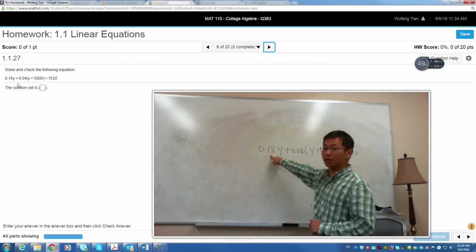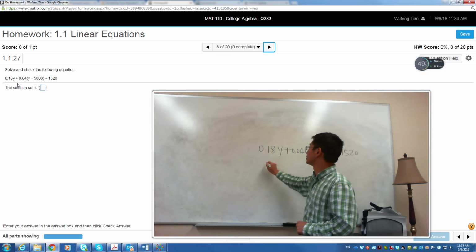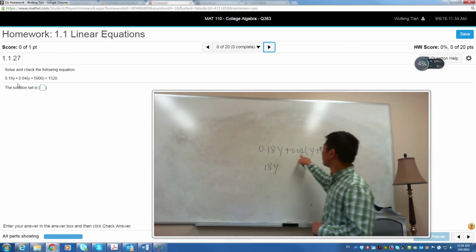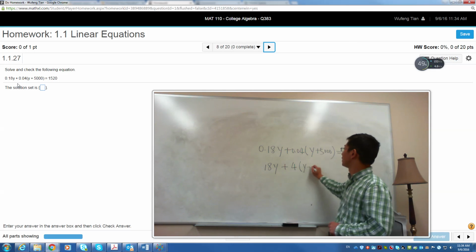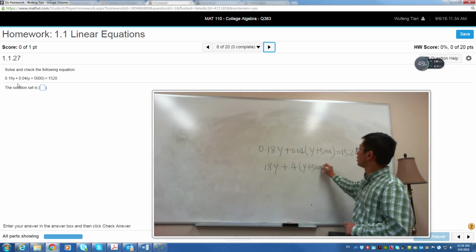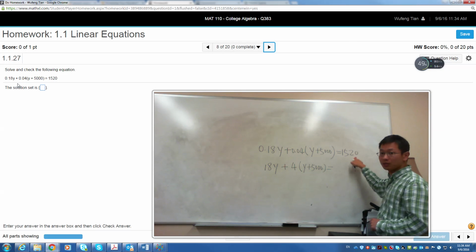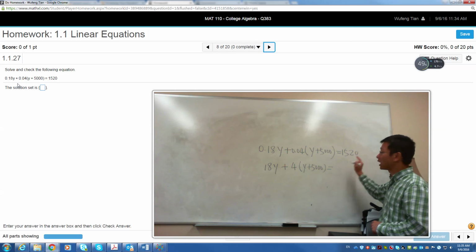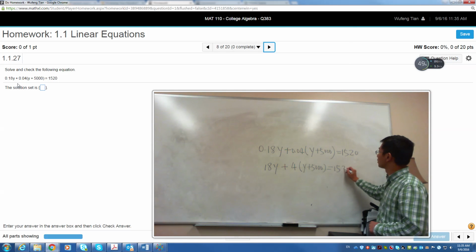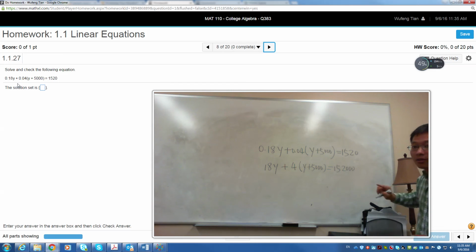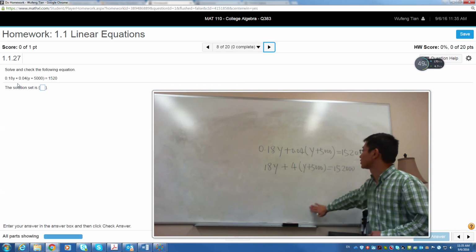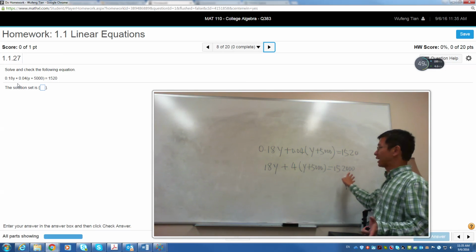If I multiply this by 100, the decimal moves two places, so it's 18y. Multiply 0.04y by 100, it's just 4y. Plus 5,000, multiplying by 100 I just add two zeros behind. So 1520 with two more zeros because multiplying by 100. Then you just need to solve this equation. There are no decimals anymore. You combine like terms.